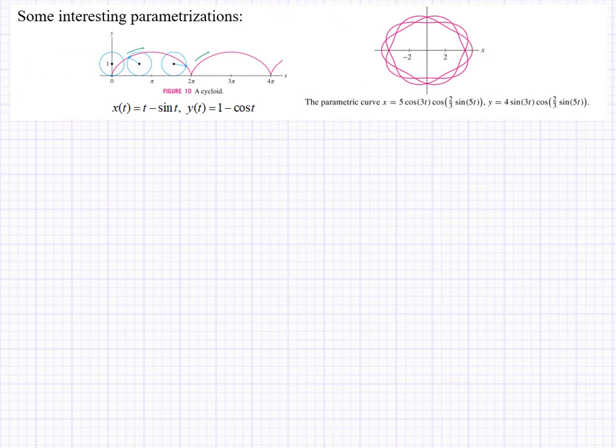Here are two interesting parametric equations and their graphs, in which case you say x equals t minus sine t, y equals 1 minus cosine t. And what it describes is this.